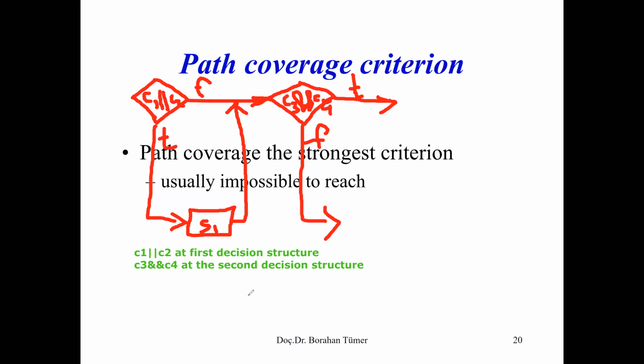Now, how can I test in my multi-condition coverage criterion? What possible values should I test for C1 and C2?